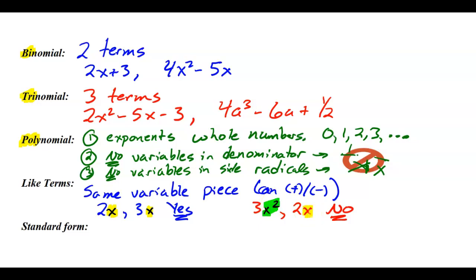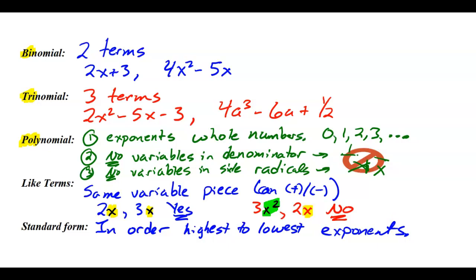So that's that. Standard form is in order highest to lowest on your exponent.